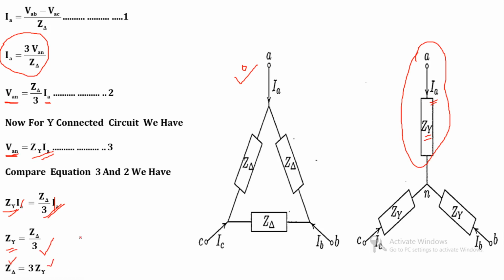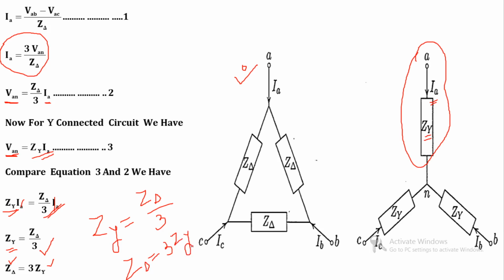So these are the two equations that give the conversion between delta and star. We can write that ZY is equal to Z delta upon 3 and similarly Z delta is equal to 3 into ZY.